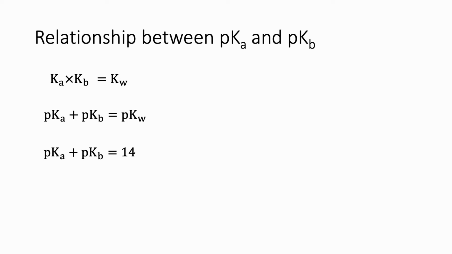So here's our relationship between the pKa of an acid and the pKb of its conjugate base. The pKa plus the pKb equals 14. Now we may not use this relationship for a while, but we will be using it when we get around to buffers, so just keep that in mind.